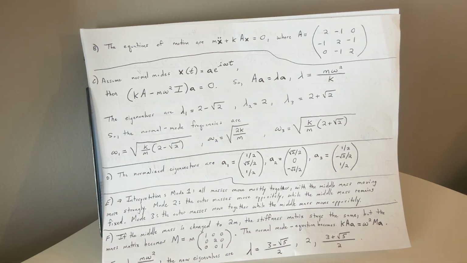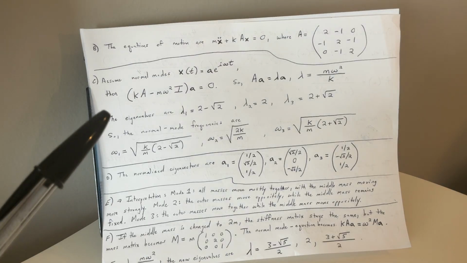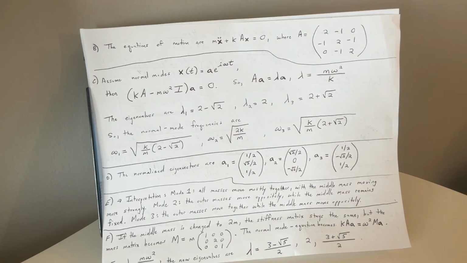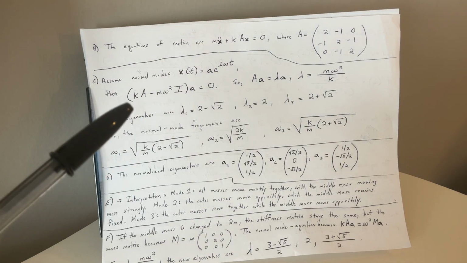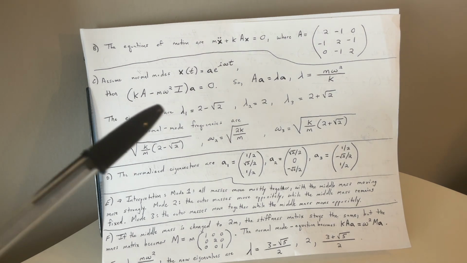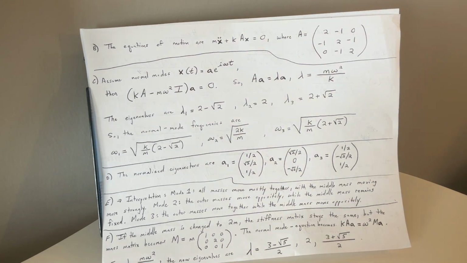Part C, for normal mode frequencies, assume normal modes x of t equals a e to the i omega t. Then we have the quantity k A minus m omega squared I times a, where capital A is the stiffness matrix and lowercase a is the mode shape vector, or eigenvector.